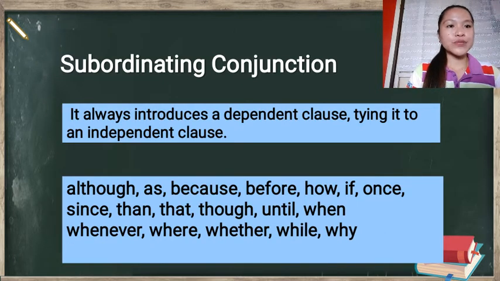So let's proceed to the subordinating conjunction. It always introduces a dependent clause, tying it to an independent clause.